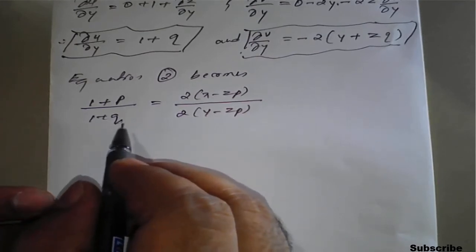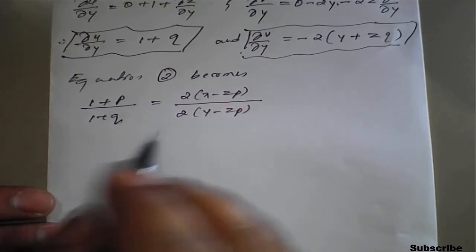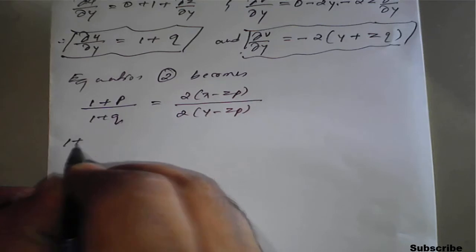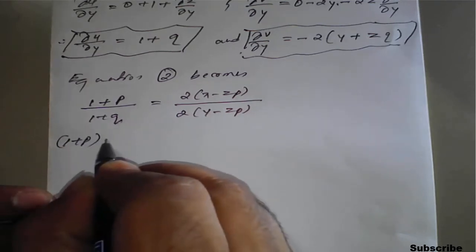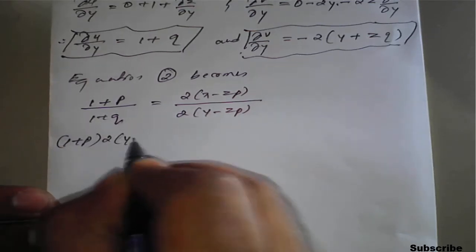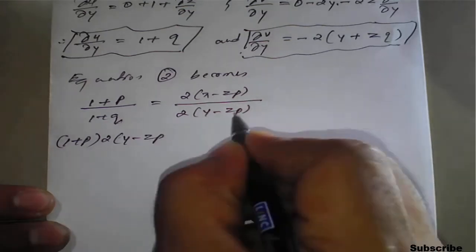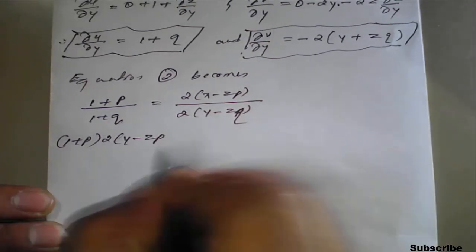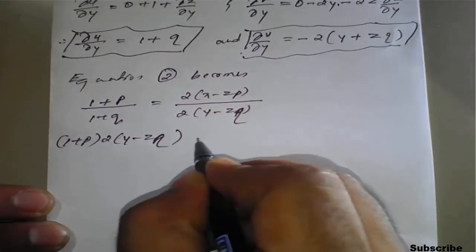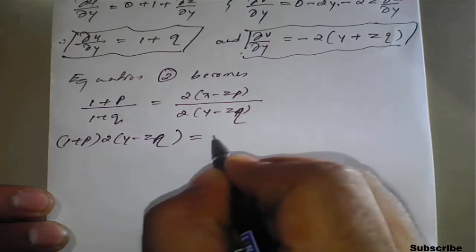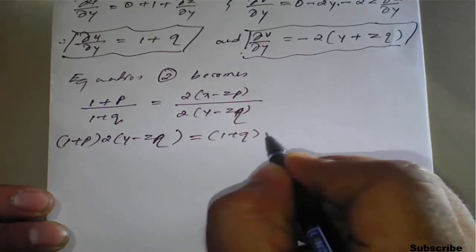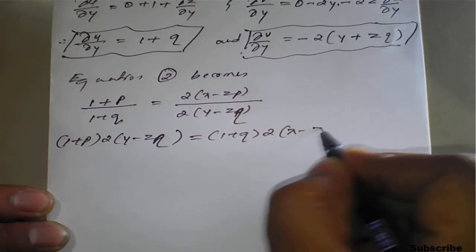Now on simplification you cross multiply the brackets: 1 plus p into 2 times (y minus zq) is equal to 1 plus q into 2 times (x minus zp).